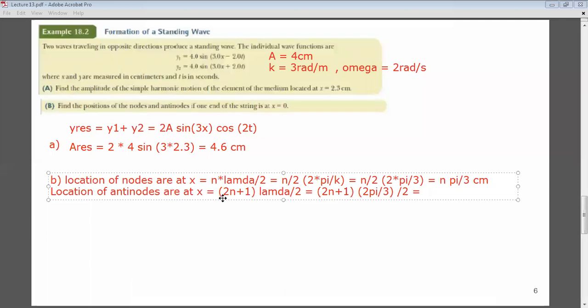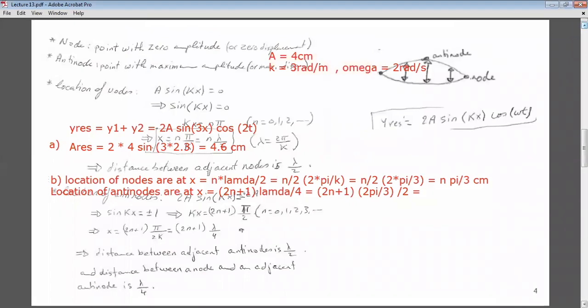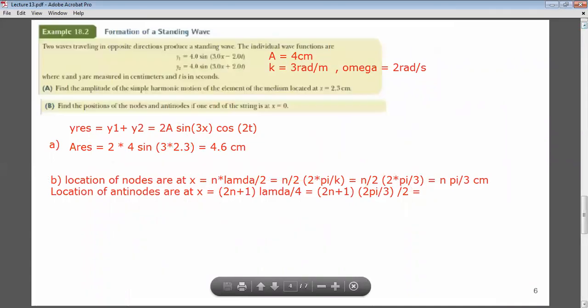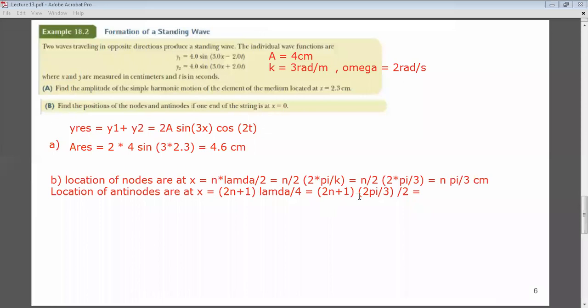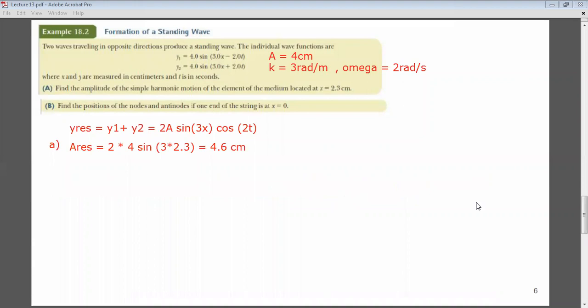Sorry, location of antinodes are at x equal to 2n plus 1 lambda over 4, not over 2. Let's check. Yeah, so antinodes happen at 2n plus 1 lambda over 4. So this is correct. So now I have 2n plus 1 into 2 pi over 3, over 4. Let's just correct the last thing. I will rewrite it.